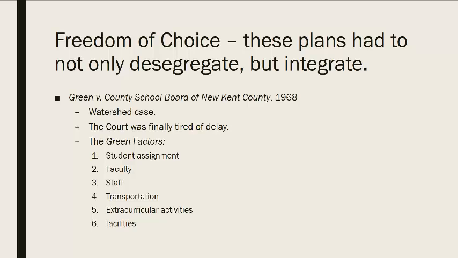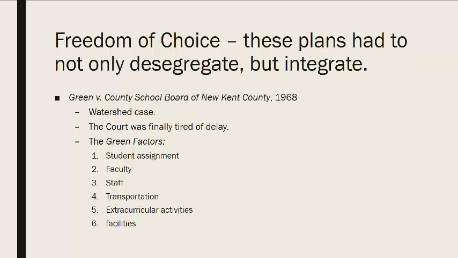This was a watershed case. The court finally said, hey, we're tired of delays, all these things that you're doing to avoid school integration. Also importantly, the phrase desegregation of public schools started changing over to integration of public schools during this period as well. And out of the Green case came what they call the Green factors.